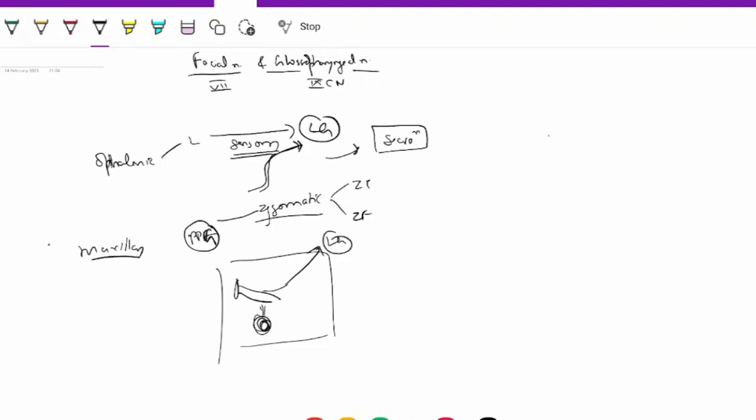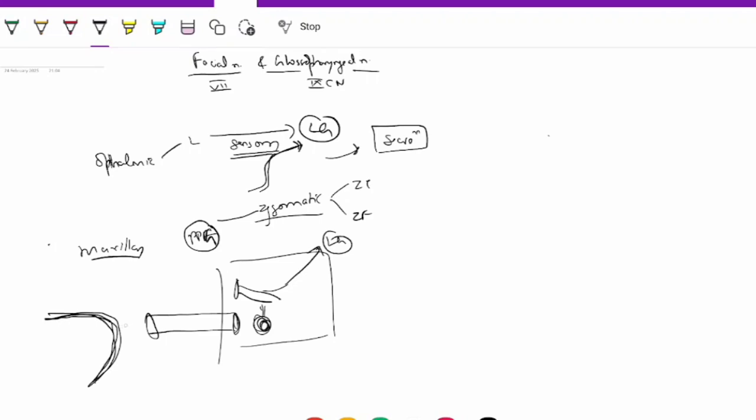Now over here, there is one more foramen. And behind this foramen, there is a canal. And behind this canal, there is a nerve which is taking a turn. So this is the nerve.